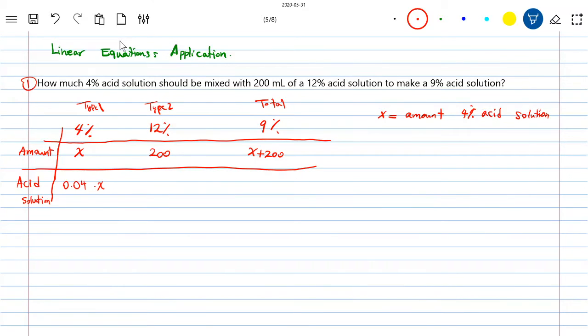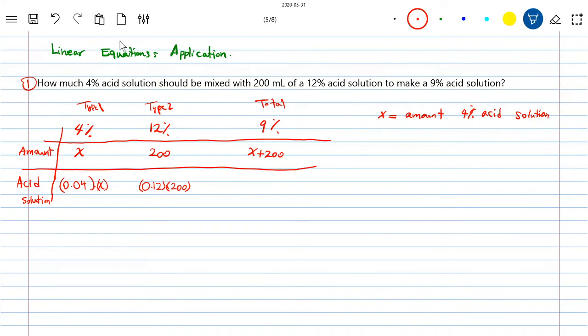This is the amount of acid per volume x, whatever x. The same with 12%, which would be 12 divided by 100, which is 0.12, times the amount, times 200. I'm going to use the parentheses here so you know this is not a decimal value. x is a value here, 0.04 is this.